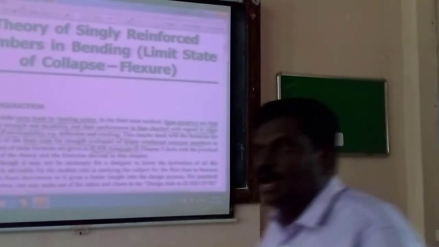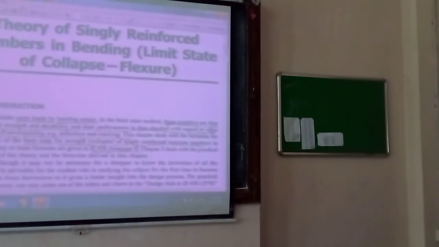Limit state of collapse, or ultimate limit state of fracture or collapse. Let me write it this way: limit state of strength or collapse in fracture. This is the proper heading.